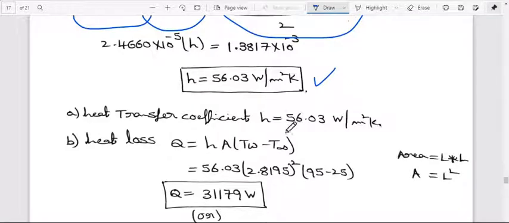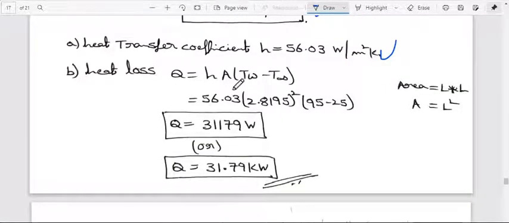So first question, heat transfer coefficient. So H value is already calculated. So here heat loss Q equals HA into TW minus T infinity. So here area is equal to L into L. That means area is equal to L square. Width equal to L and length equal to L, so this is the L square.